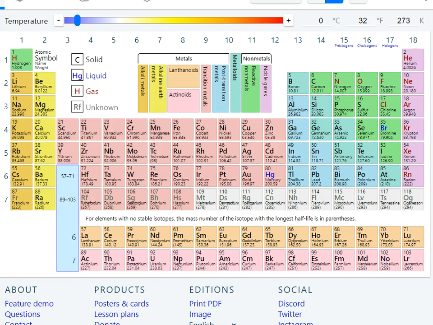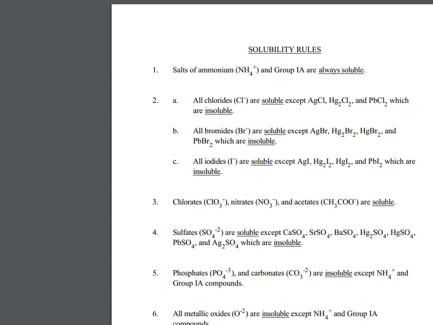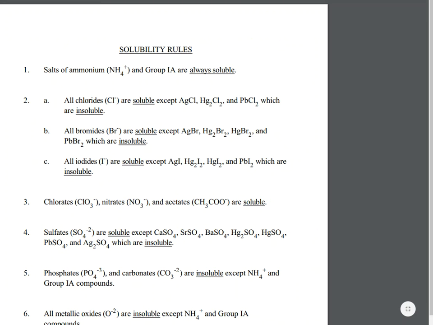So here's a periodic chart. And what we're talking about, group 1, is over here and starts with hydrogen. So that means if I have a lithium plus something else, a sodium plus something else, a potassium plus something else, rubidium plus something else, cesium plus something else, or francium plus something else, all of these will tend to be soluble.